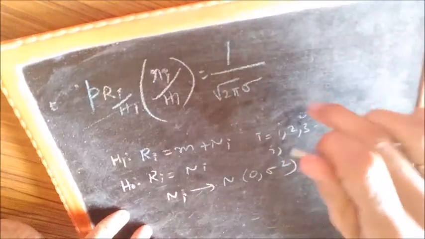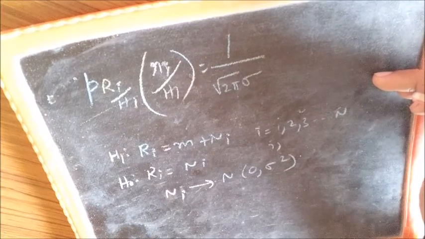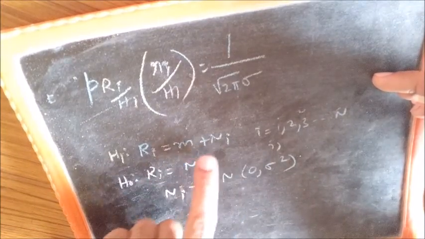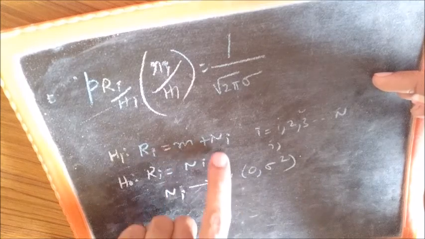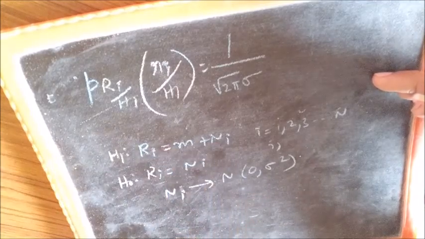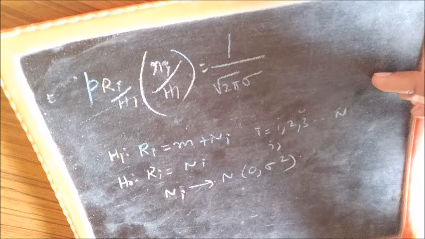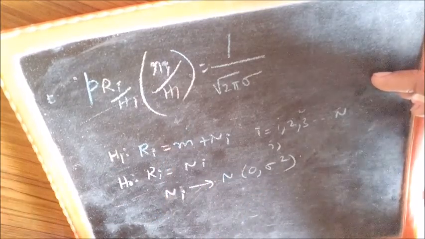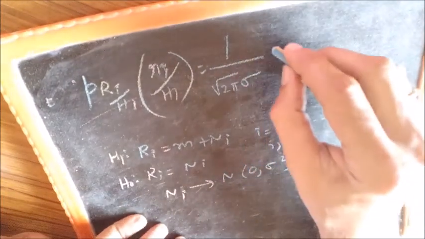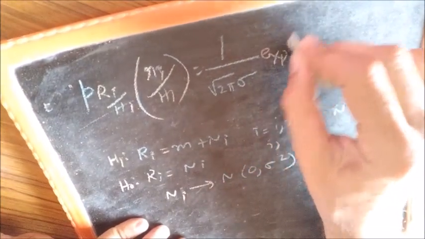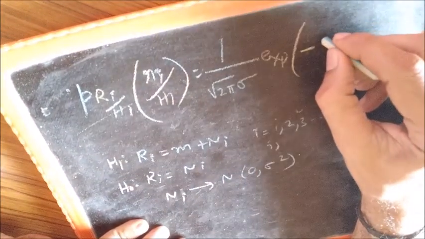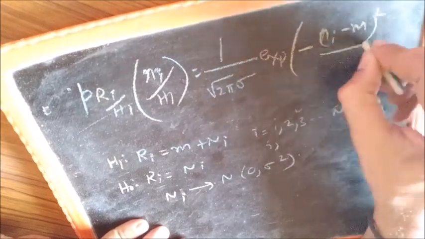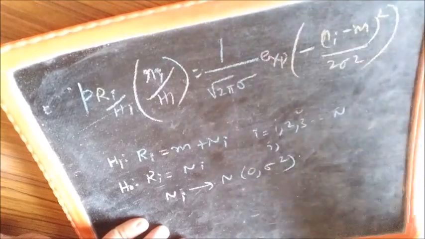Actually, before I write the expression, it is clearly obvious that it will be a Gaussian distributed random variable whose mean is m, because noise is Gaussian distributed with mean 0. If you just add m to it, you will get a Gaussian random variable of the same variance and mean m. So 1 by root of 2 pi sigma, e power minus (R_i minus m) whole square by 2 sigma square.